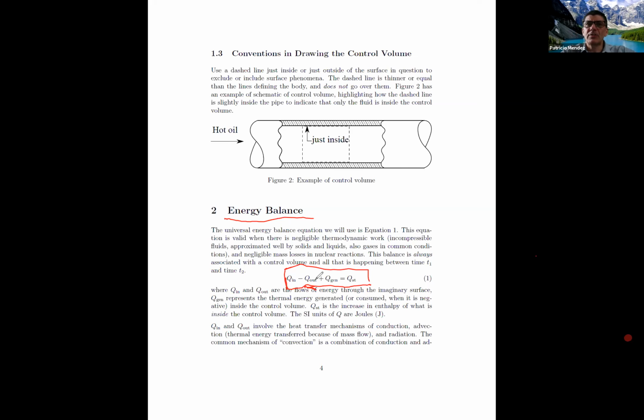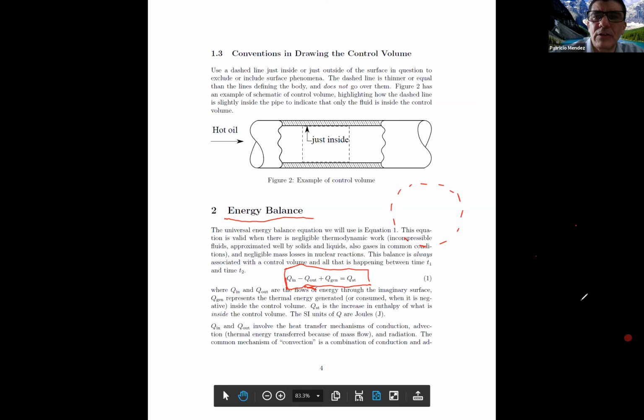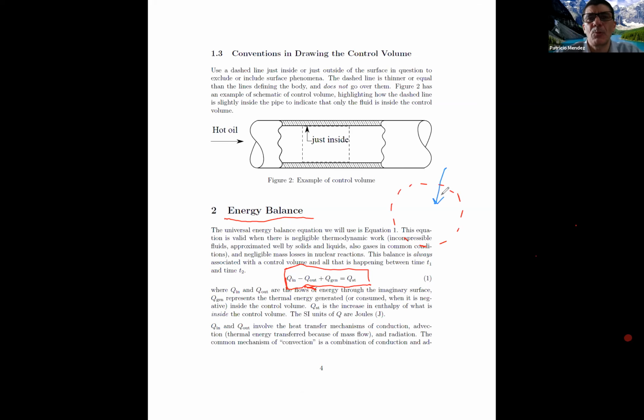So let's make a control volume here. If I cross the boundary with energy, that is Q in. Whatever leaves the control volume, Q out.